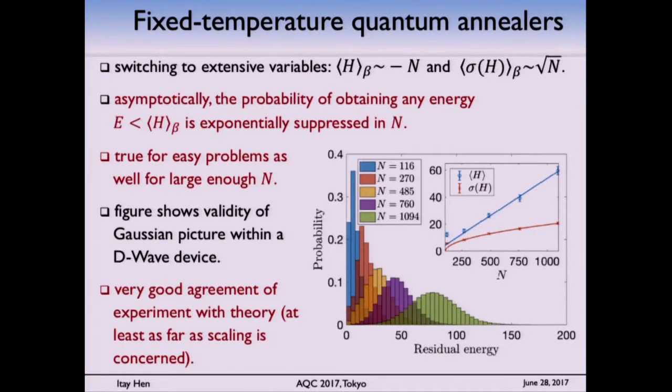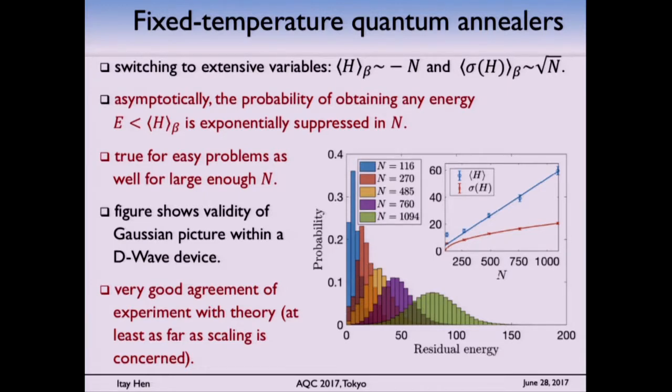And so the Gaussian treatment, which came from really fundamental statistical physics, is, at least as far as scaling goes, of the shapes and the scaling of the average and the sigma, really verified to that extent. I don't want to go beyond that. To that extent, it's really verified very nicely experimentally.